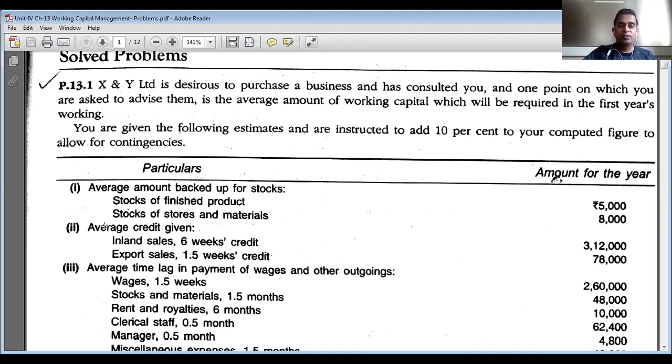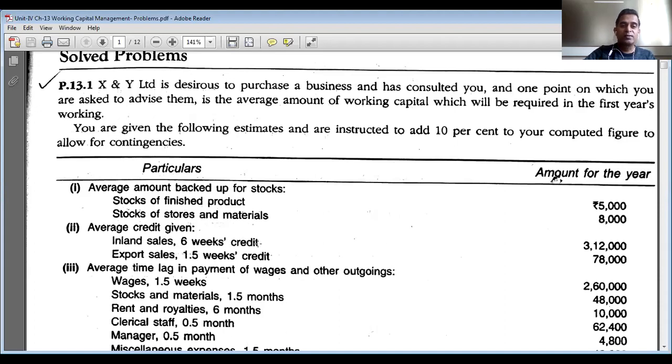Second information is about average credit given. So there are two types of credit periods. One given to inland sales. Inland sales means sales made within the country. Export sales are sales made to customers in other countries. So average credit given for inland sales, that is sales made within the country, is 6 weeks credit.